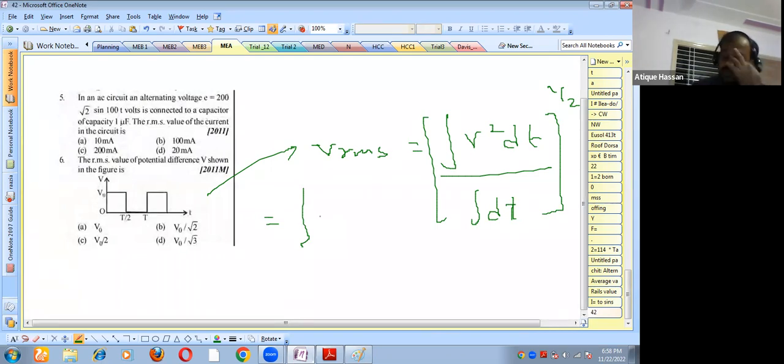So VRMS square will be equal to the integral of V squared dt, and I will take time from 0 to T.